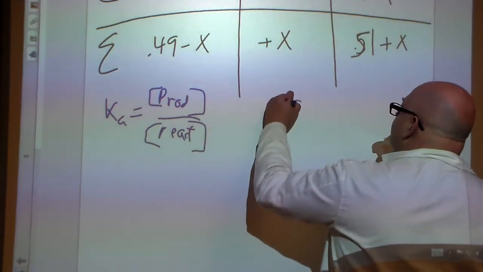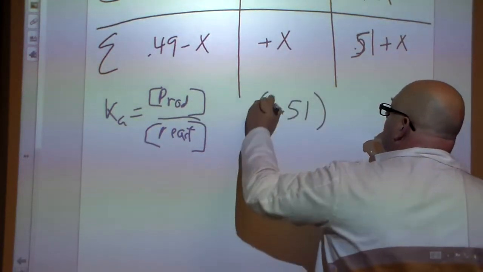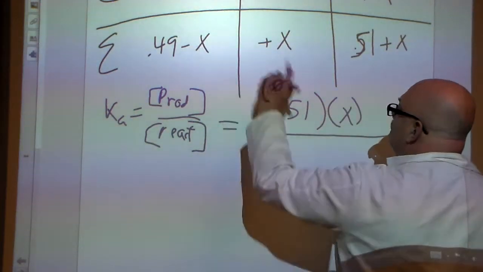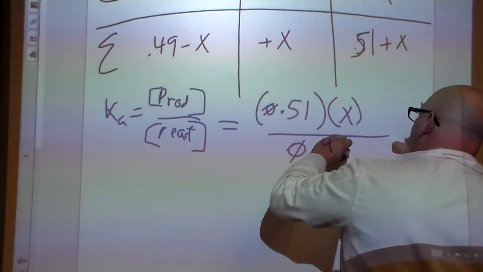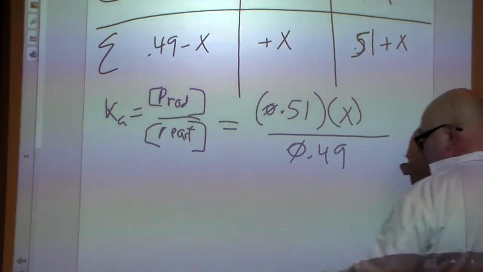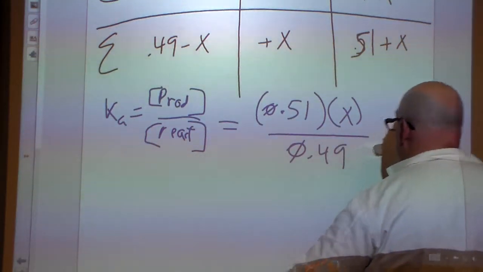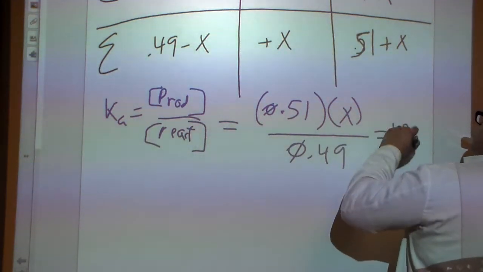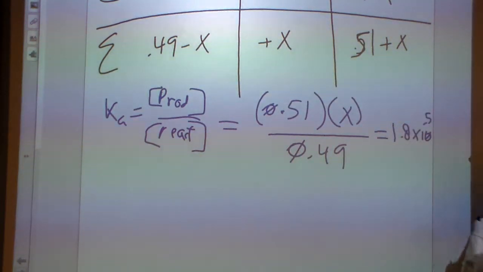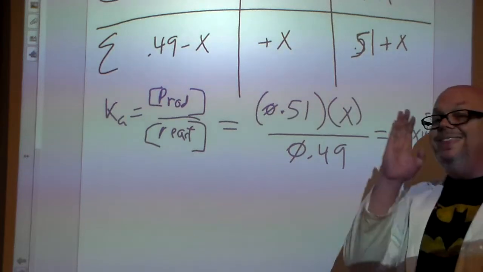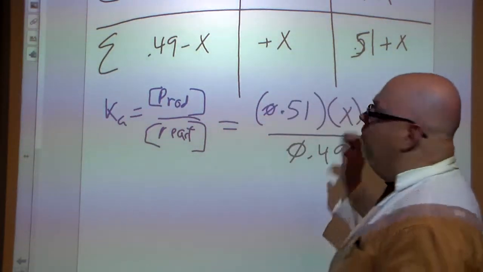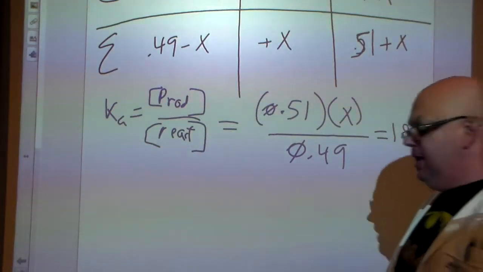So we're going to have 0.51 multiplied by X over 0.49, and that is going to equal 1.8 times 10 to the minus 5. That's the Ka that they originally gave us in the problem, the dissociation constant. Remember, we just added a strong base, and that kind of jacked up things.